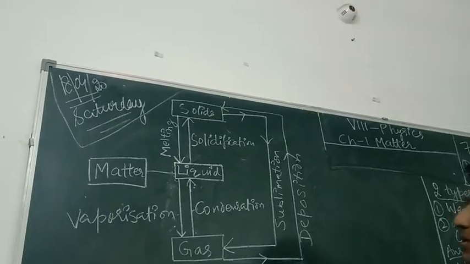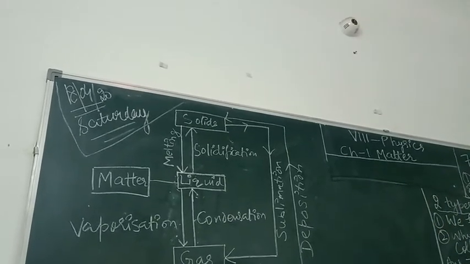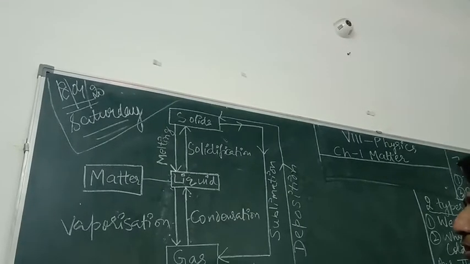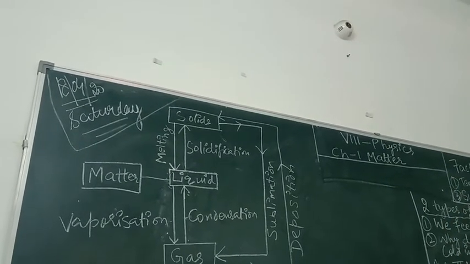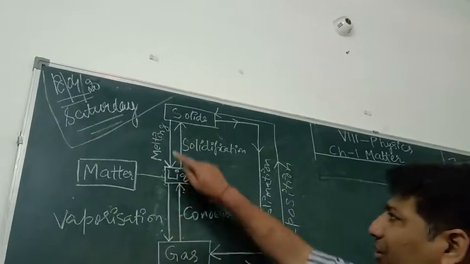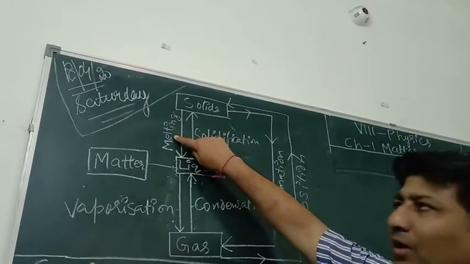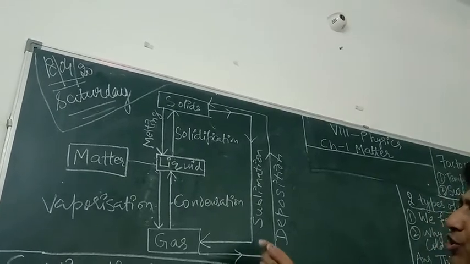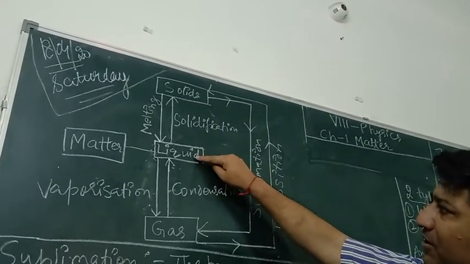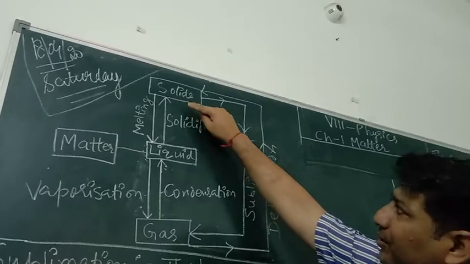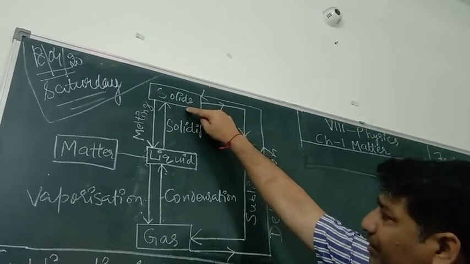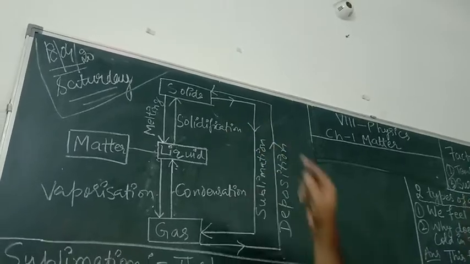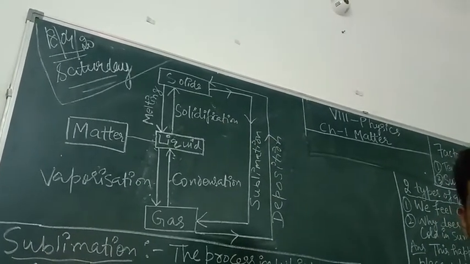For instance, when a solid state of a substance changes to its liquid state at a fixed temperature, that process is called melting. And the process in which a liquid state of a substance changes into its solid state is called solidification, and that occurs at a fixed temperature.